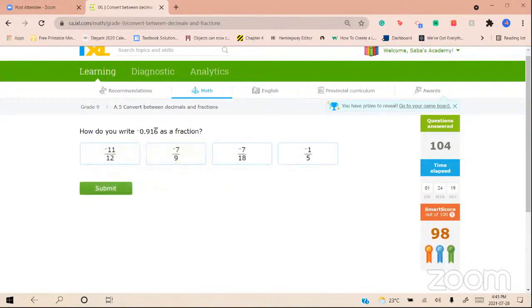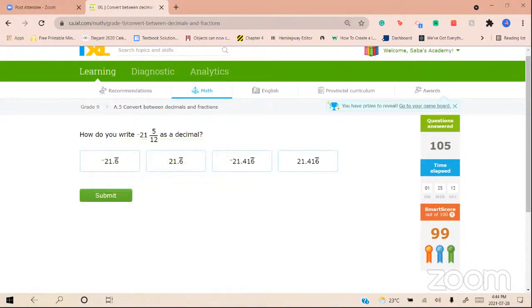How would you write negative 0.916666 as a fraction? Like the first one.